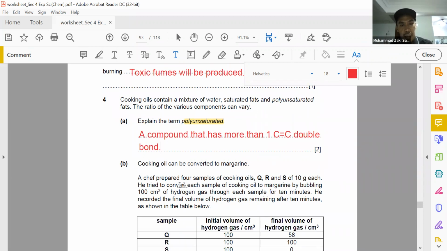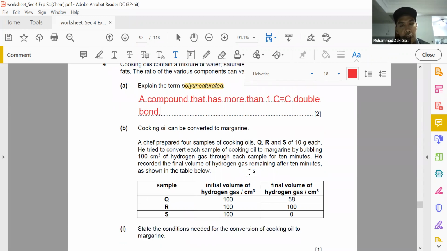For cooking oils, those of you who took FNN, food and nutrition, know that cooking oil has polyunsaturated fats and saturated fats. So cooking oil can be converted to margarine. A chef prepared 3 samples of cooking oils, Q, R, and S, of 10 grams each.